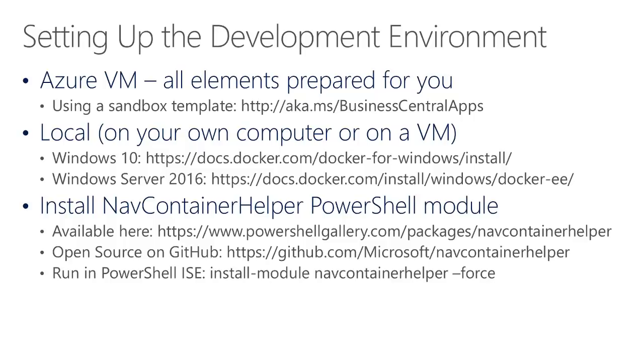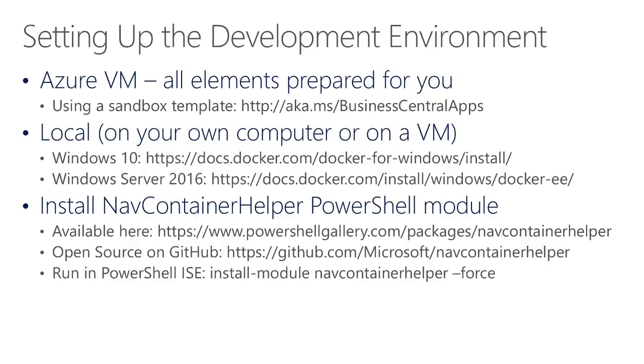Next, you'll need the NAV Container Helper PowerShell module, which in the Azure VM is already pre-installed. Managing all sorts of things for NAV can be done using PowerShell. But since Microsoft is now deploying all those Business Central builds on Docker, they've also provided a PowerShell module that allows us to use the PowerShell cmdlets from a PowerShell ISE window outside of the container.